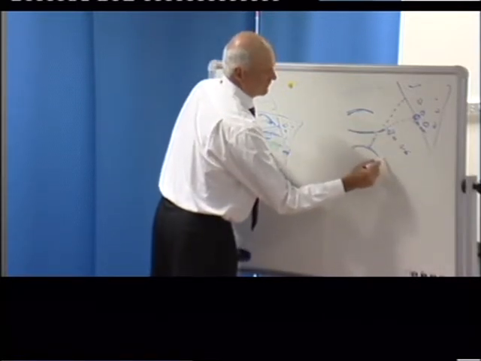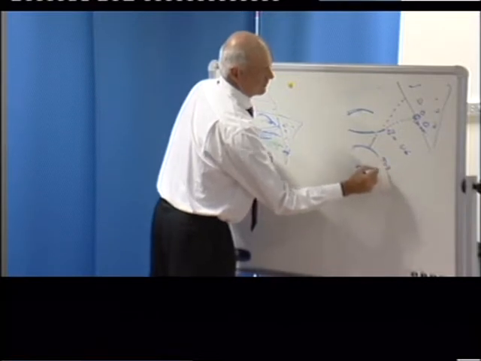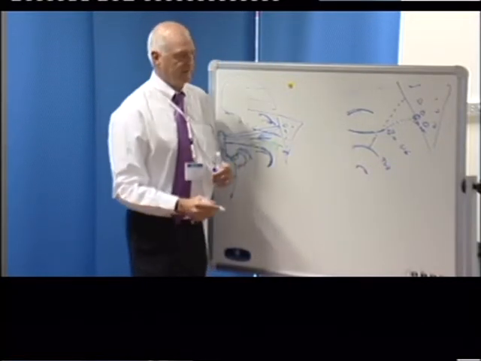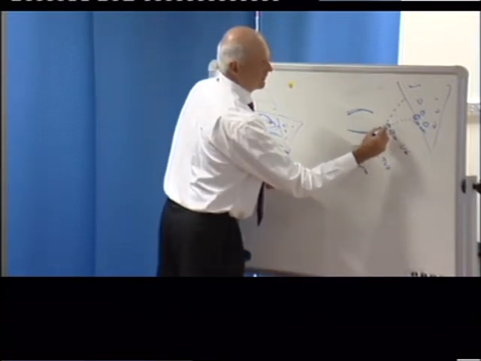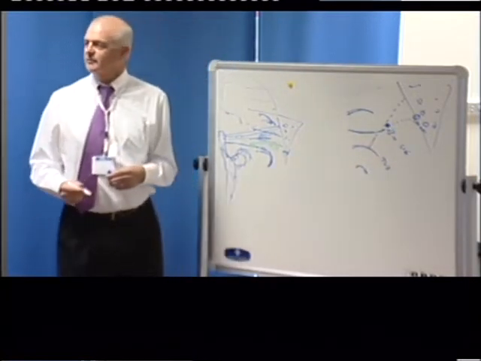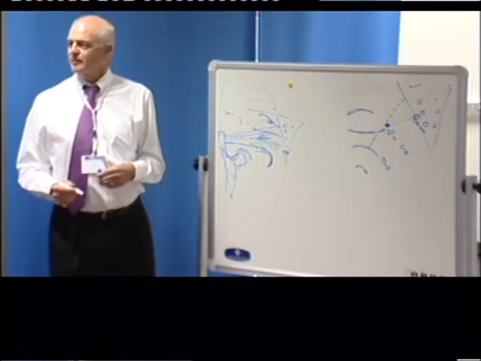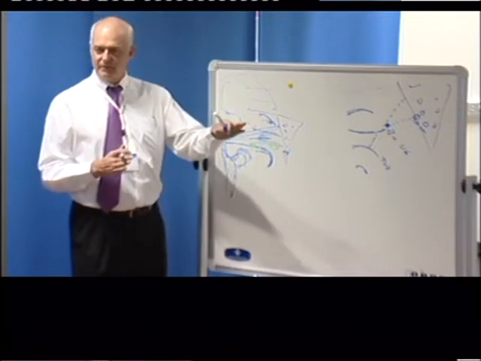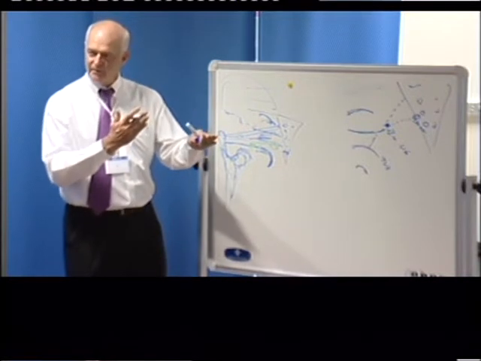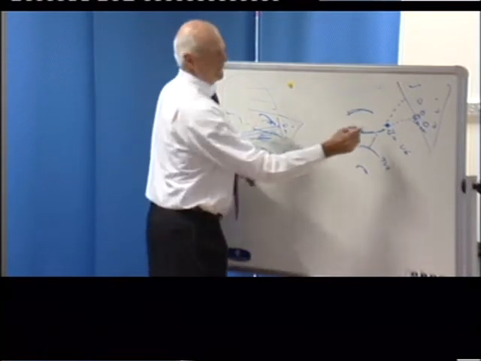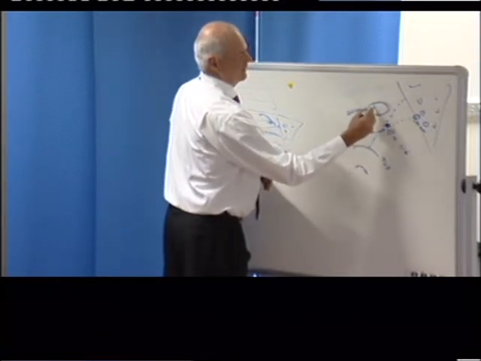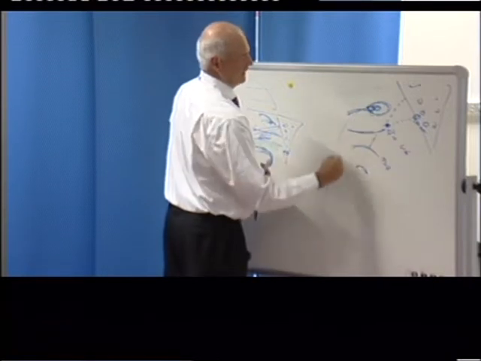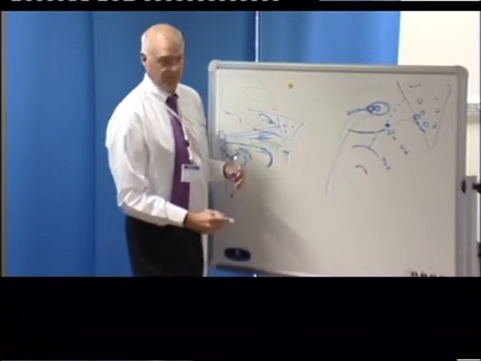And this is your sacrotuberous ligament. And this is the pudendal nerve. So between the sacrospinous ligament and the sacrotuberous ligament, the sacral plexus, the peroneal and tibial become the sciatic, right?